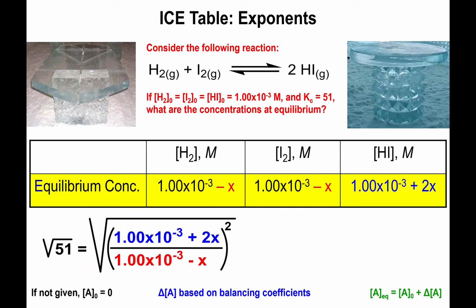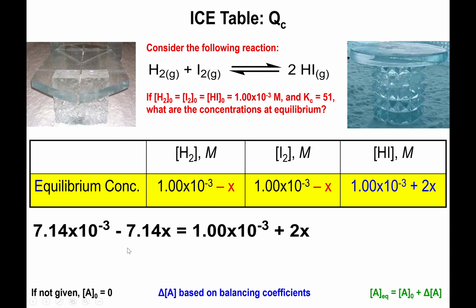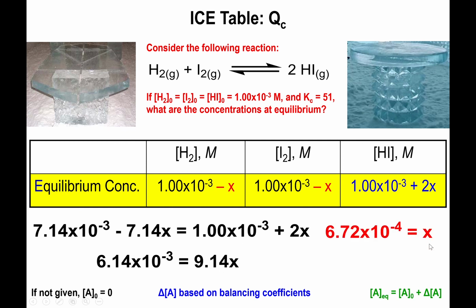Take the square root of both sides to get the following expression. And if you cross multiply both sides by 10 to the negative 3 minus x, you're going to end up with the following expression. Here you have to move the x terms to the same side, move the non-x terms to the opposite side, so that you end up with the following expression. And then you divide by whatever the coefficient in front of the x is to solve for x.